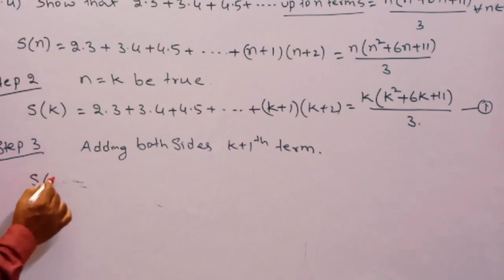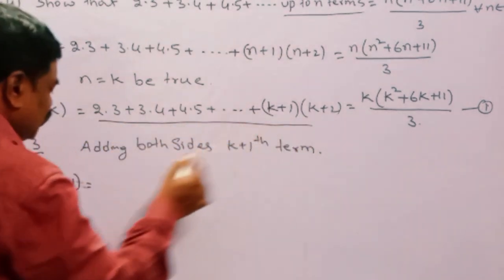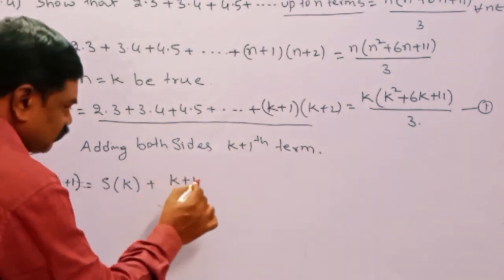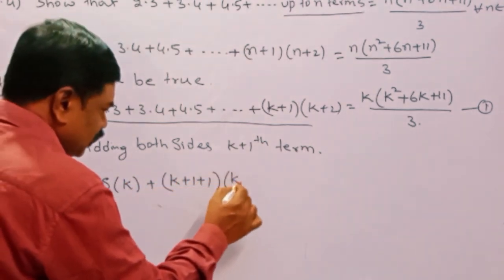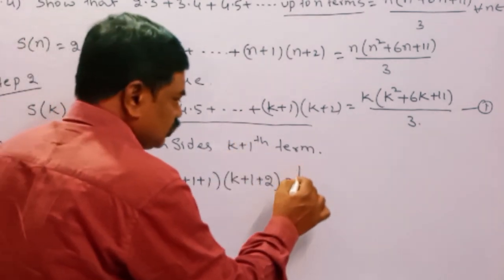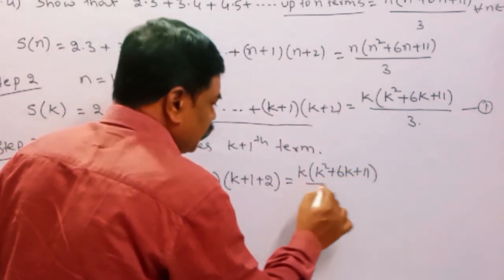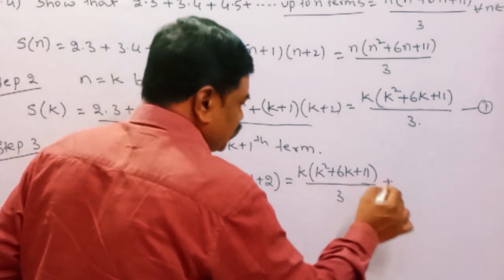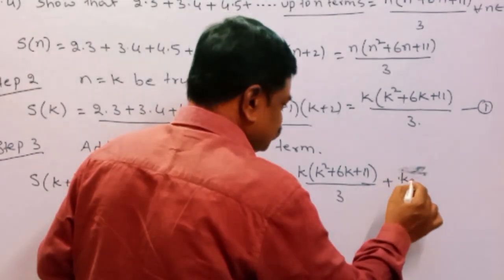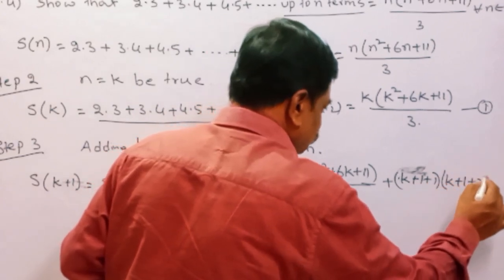Here S of k plus 1 is equal to k of k square plus 6k plus 11 by 3 plus k plus 1 into k plus 1 plus 1 into k plus 1 plus 2.